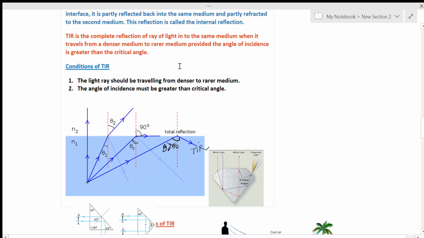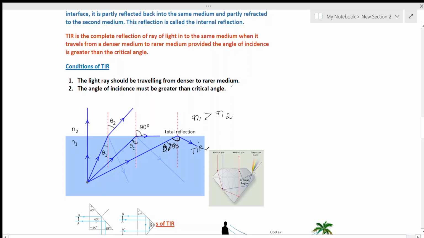So there are two conditions for a ray of light to undergo total internal reflection. First, it should go from a denser medium to a rarer medium, in this case n1 to n2. So the condition is n1 is much greater than n2. Next, the angle of incidence must be greater than the critical angle.